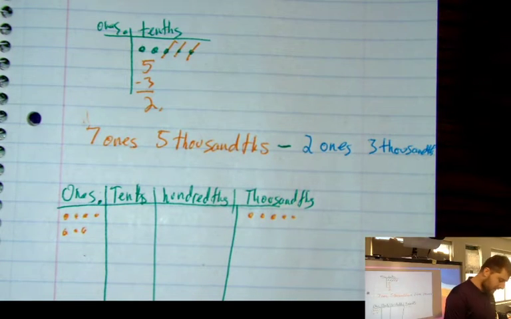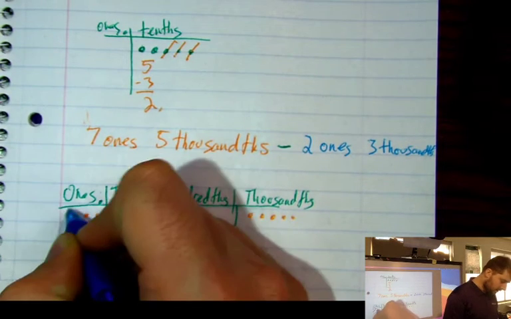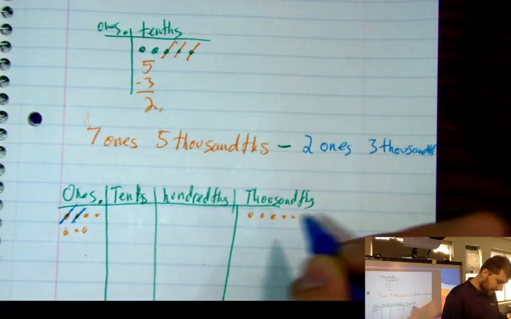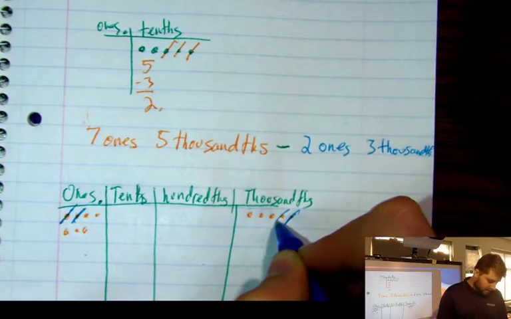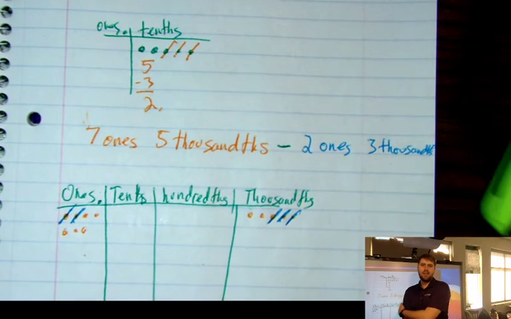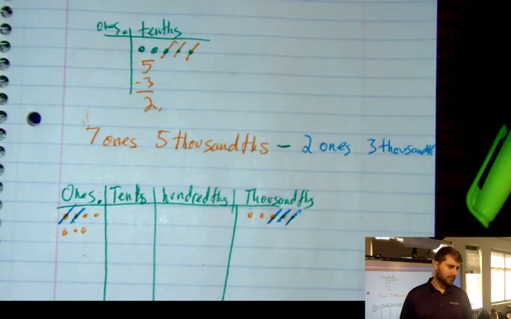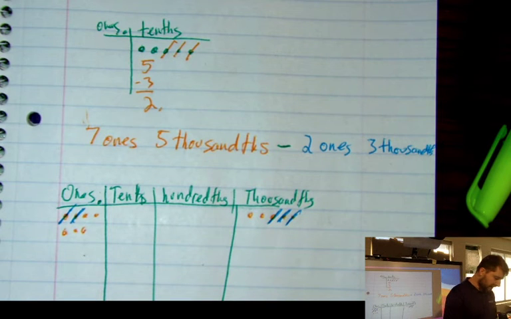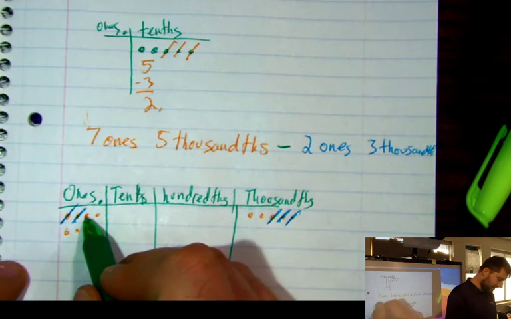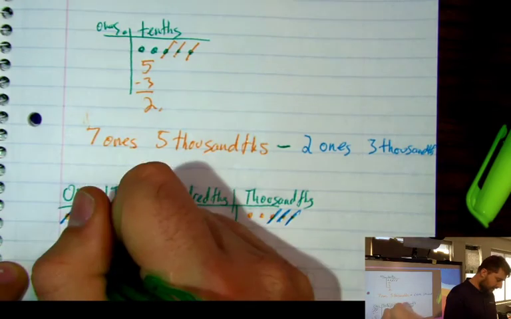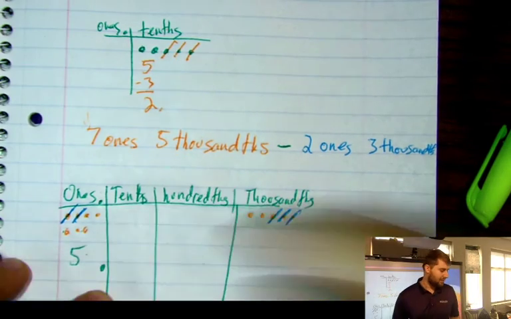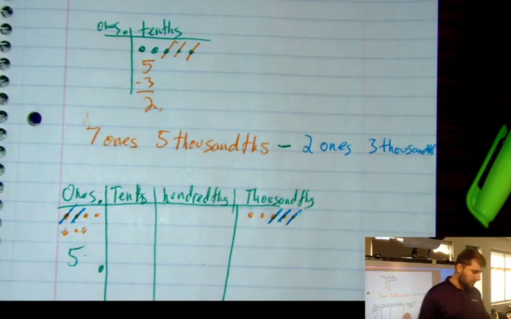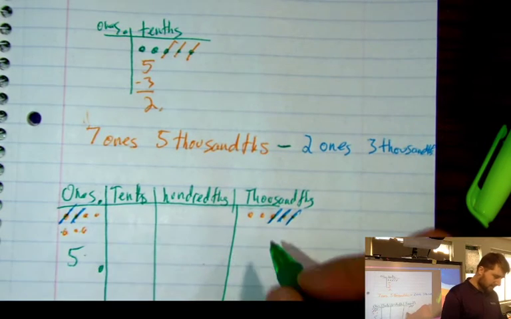So we're going to take away 2 of these ones. We're going to take away 3 thousandths. Now we're going to ask ourselves, how many ones are left? Well, I can tell there are 1, 2, 3, 4, 5 ones left. Our decimal place always, always, always stays in the same place. And then there are 2 left in the thousandths column.